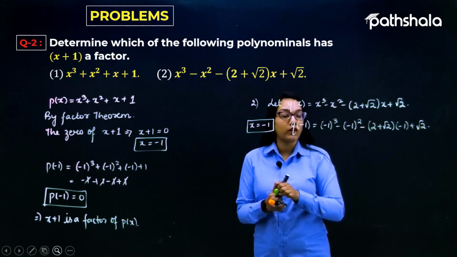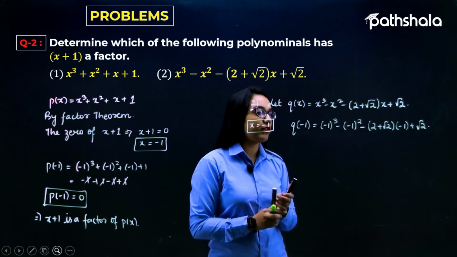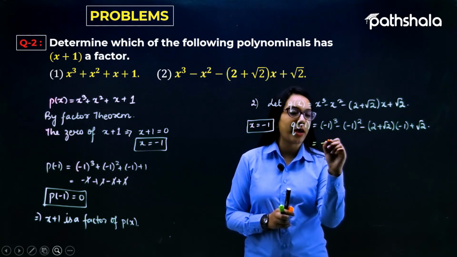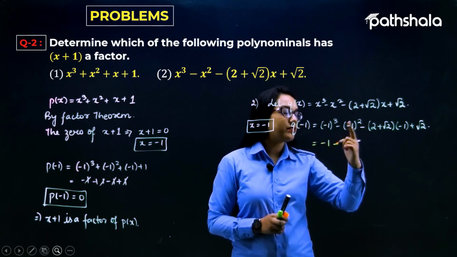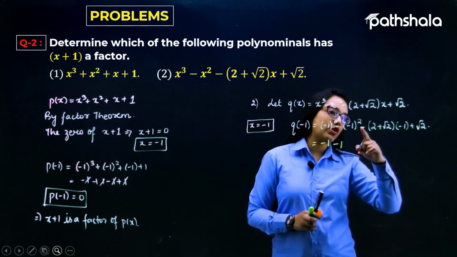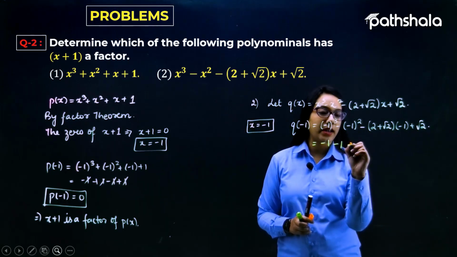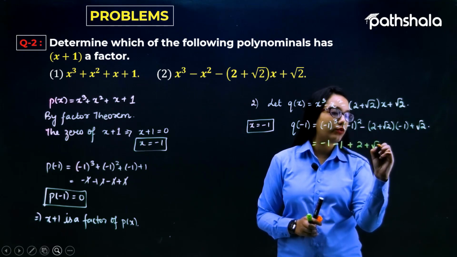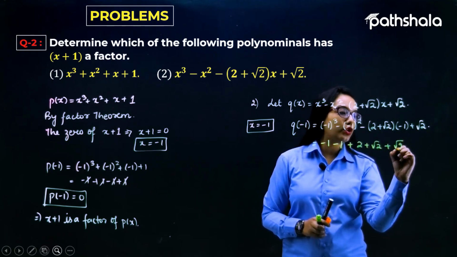Now let's solve this polynomial. First of all, we have minus 1 whole cube, which is minus 1, and minus 1 whole square is plus 1, so it is minus 1 minus 1. Minus and minus is plus, so it is plus 2 plus root 2 plus root 2.